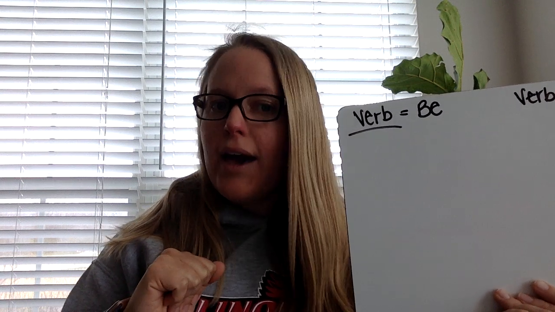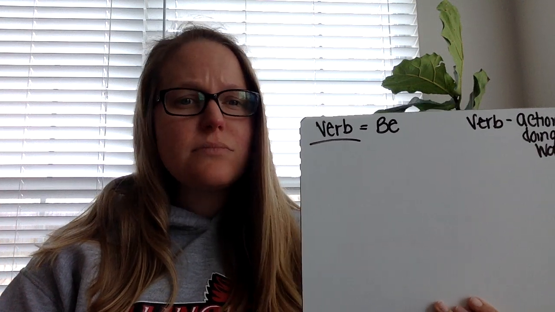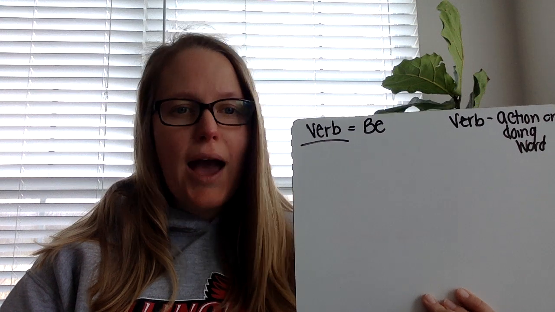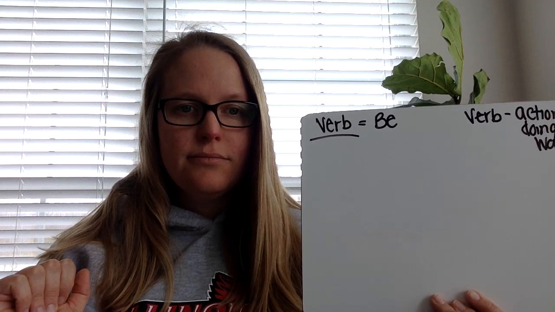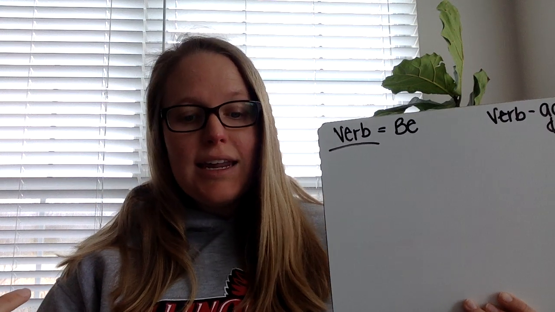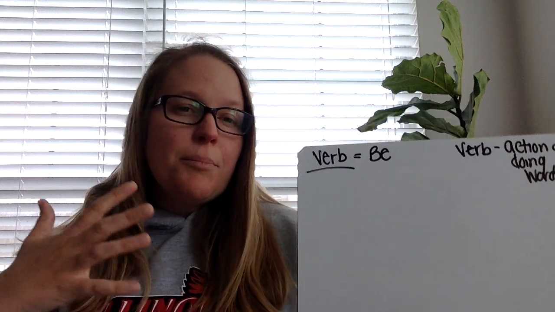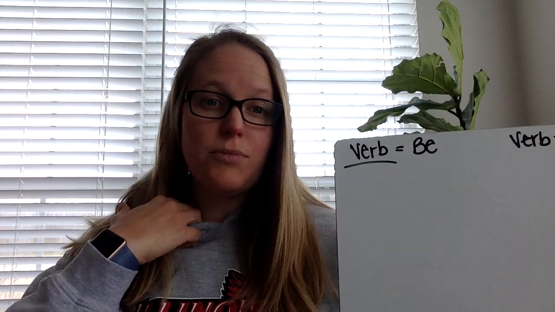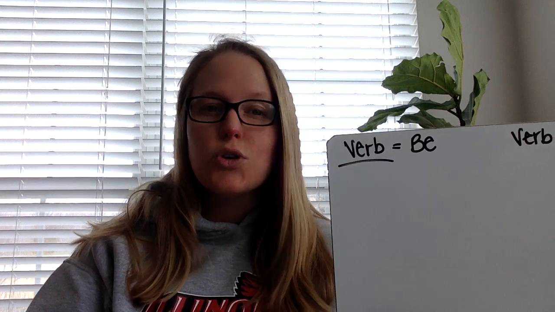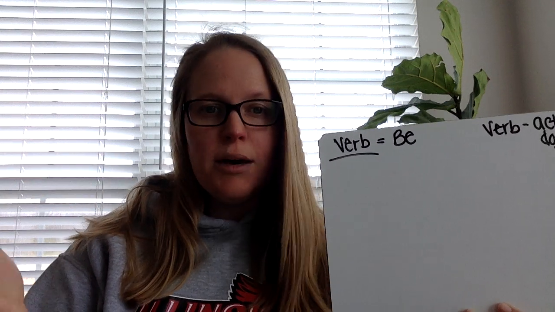Variety is one of those vocab words that you worked on earlier. What does the word variety mean? Good. Variety means a number of different kinds or types. Okay, so like you might have a variety of ice cream flavors: chocolate, vanilla, mint chocolate chip.